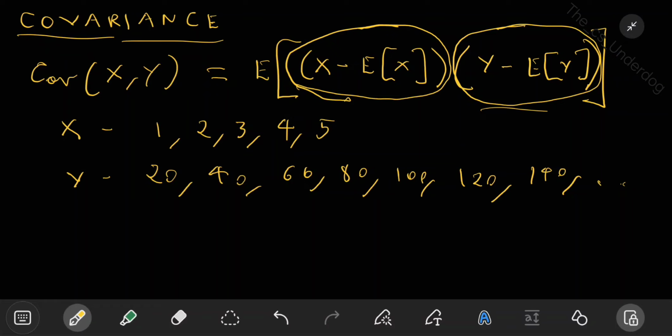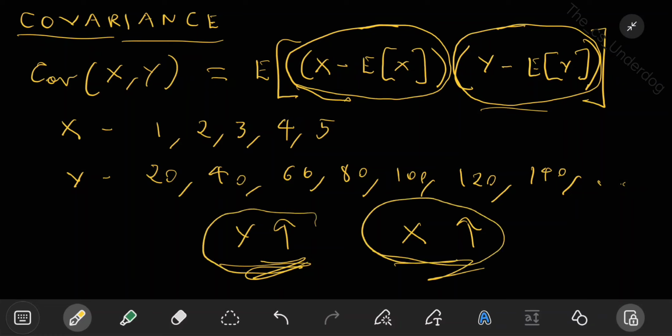In general, we can intuitively understand that if the number of days this movie plays in the theater is increasing, that means more people are going and watching the movie, which means the movie should be having positive reviews, right? So if y increases, x is also supposed to increase. So we think that we should be getting a positive covariance between x and y if x is the rating of the movie and y is the number of days the movie is playing in theaters.